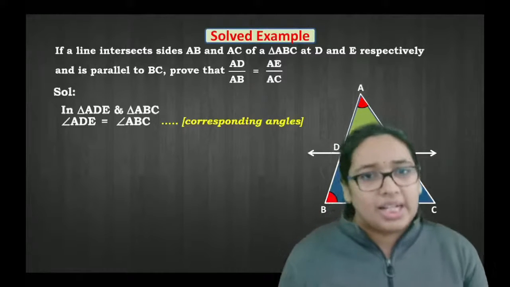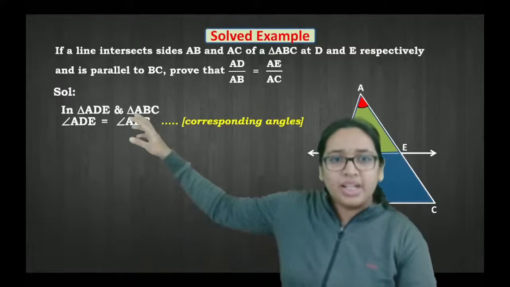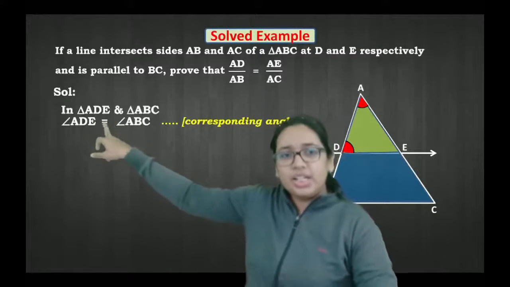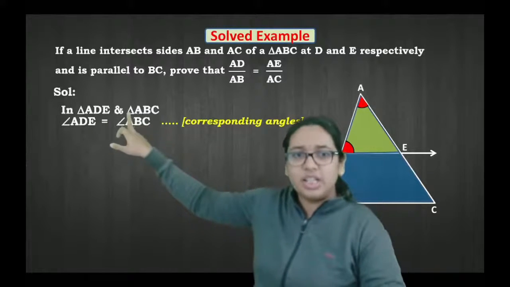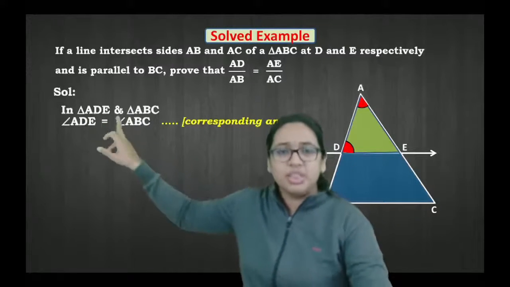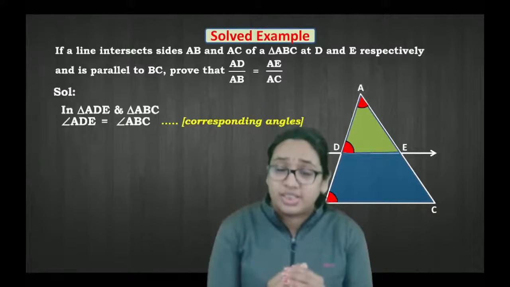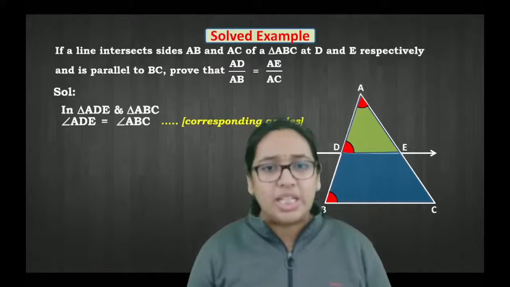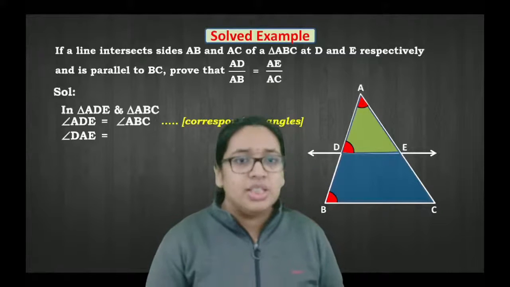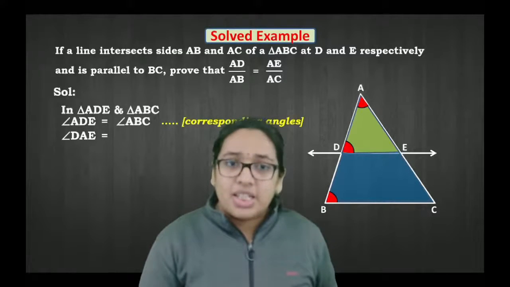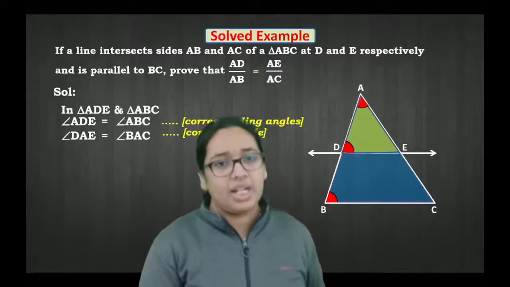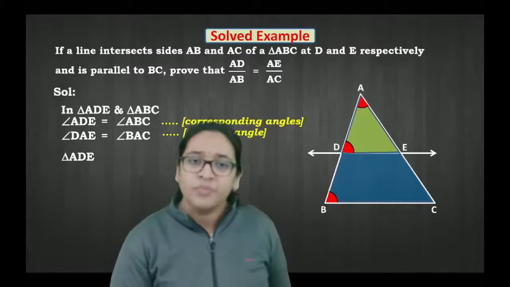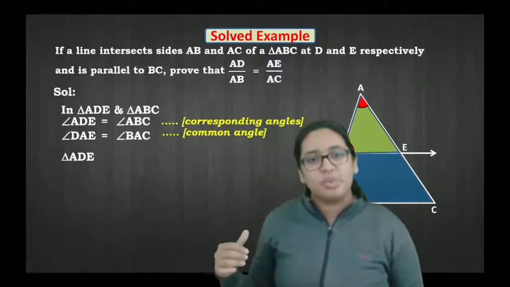Then I can see that in triangles ADE and ABC, vertex A is the same. As I said, if the vertex is the same then the corresponding angle is common, so we can say they are equal, right? So angle DAE and angle BAC will be same. What will be the reason here?